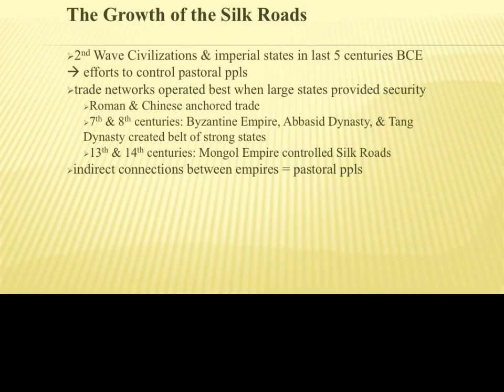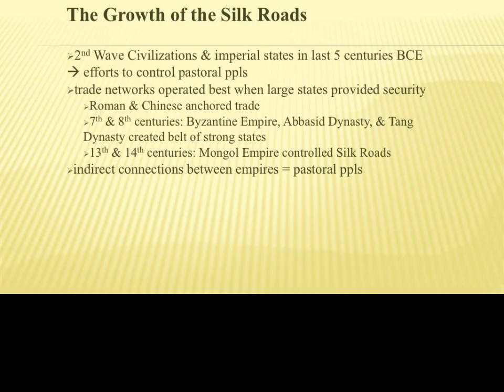When the Roman and Chinese empires were around, they anchored commerce. In the 7th and 8th centuries, which would be the 600s and 700s, there was the Byzantine Empire, which was the eastern half of the Roman Empire after it split, the Abbasid dynasty, that's the Islamic Empire, and the Tang dynasty in China. And they really created a belt of strong states that supported and facilitated the long-distance trade that developed.